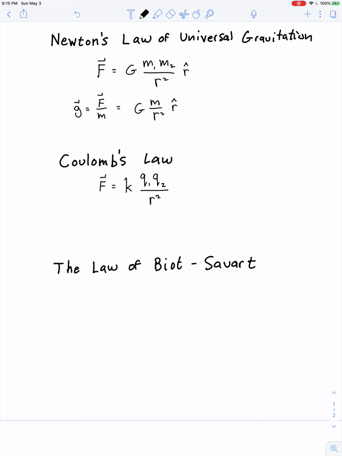Force is actually a vector quantity, so to make the right side of the equation a vector quantity, I need to throw in an r hat. If I want to know the amount of force per unit charge, then I'm calculating something known as the electric field as opposed to gravitational field, and it's equal to kq over r squared.